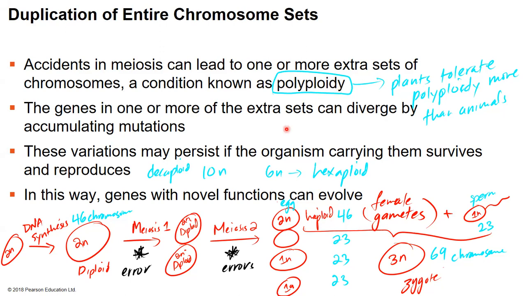Okay? But in animals, polyploid zygotes do not develop into organisms. They die at an early stage of embryogenesis or development.